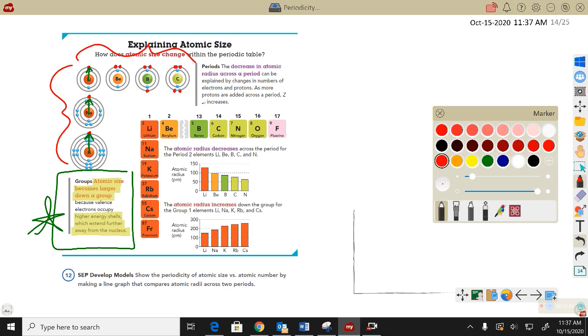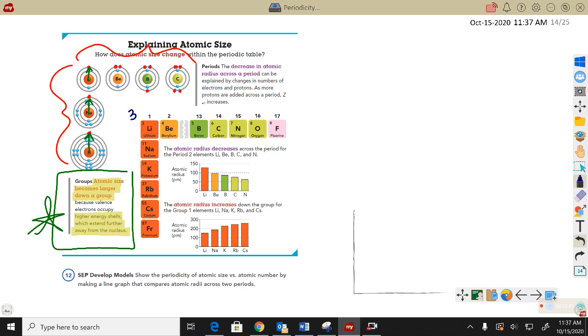For example, when I think about lithium, lithium has 3 protons and 3 negative electrons, and they're attracted to each other. But by the time I get to carbon, carbon has 6 positive protons and 6 negative electrons.